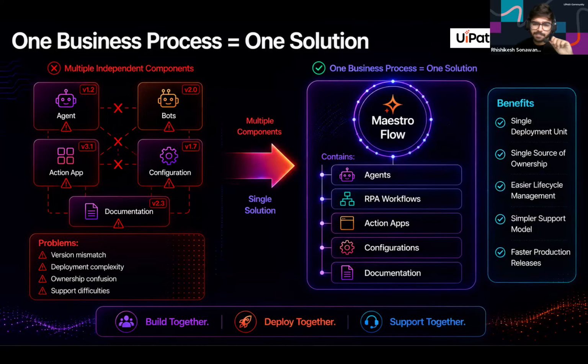Finally, support becomes very simple. When any issue occurs in production, the support team knows exactly where to look because all the related components are on the same screen, as part of a single solution. That's the benefit of creating everything as a single project.